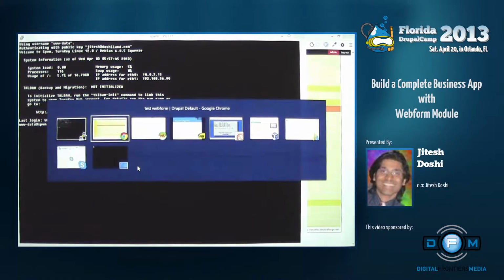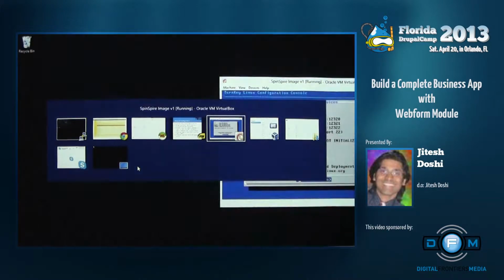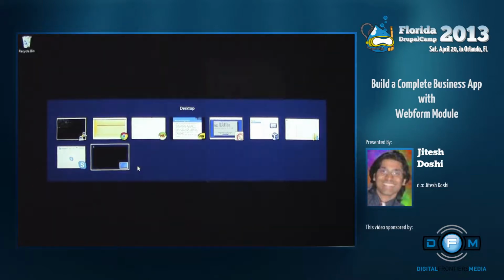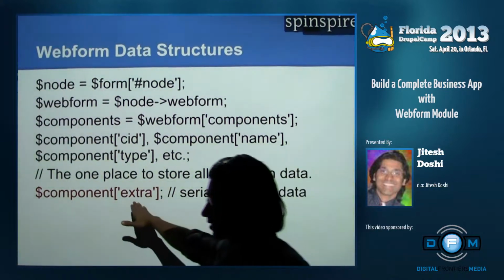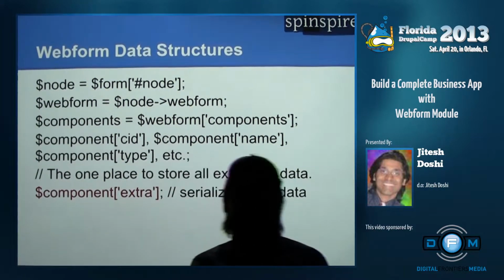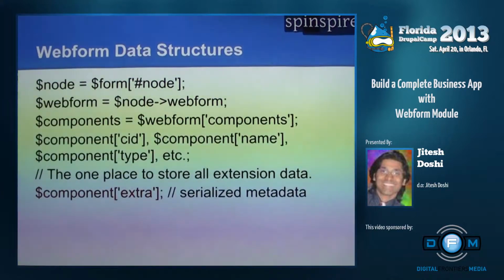Let's go back to the presentation because that will help us. So this is the dollar component extra that I was talking about. On the database, it takes the form of a column, and inside your PHP module code, it's an array key called extra, and I'll show you some sample code.